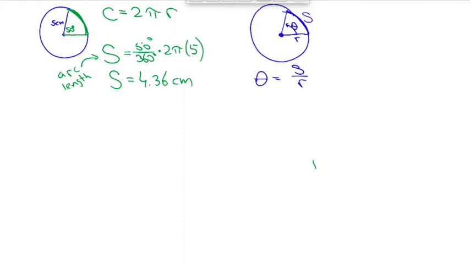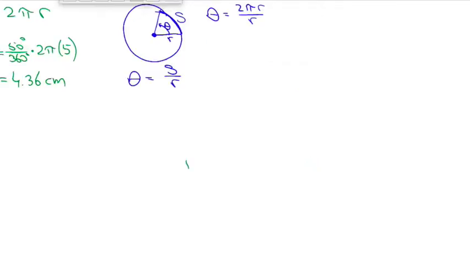All right, so what if I went all the way around? Well, then theta is equal to, if s is all the way around, it goes back to the circumference, which is 2 pi r, divided by r. What happens to the r's? They cancel out. So theta is equal to 2 pi. A full rotation under this measurement system is measured exactly as 2 pi.